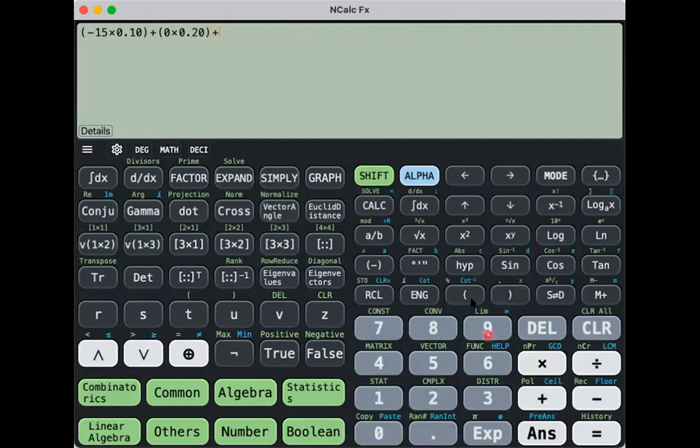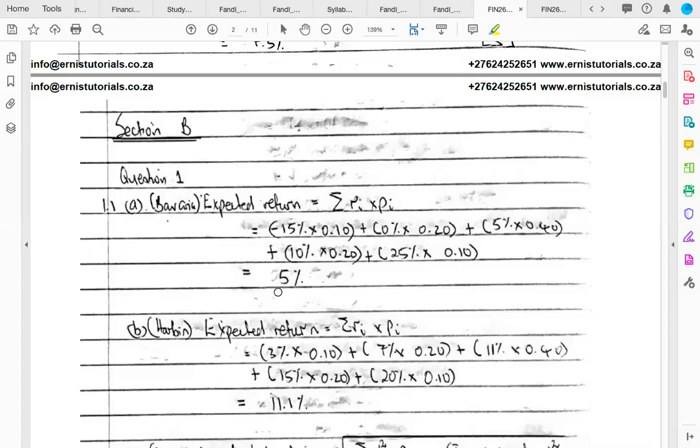Close bracket, plus 5%, being the next return, multiplied by its corresponding probability, 0.40, close bracket, plus, open bracket, 10 multiplied by 0.20 being the probability, plus 25% multiplied by 0.10, close bracket. And then if you calculate that, you get 5%.